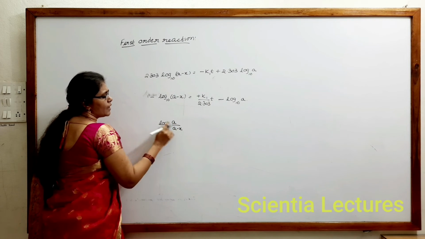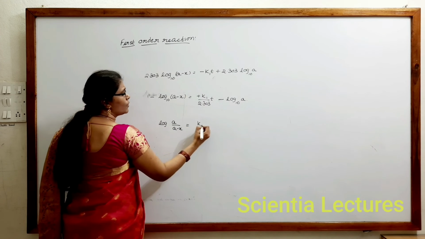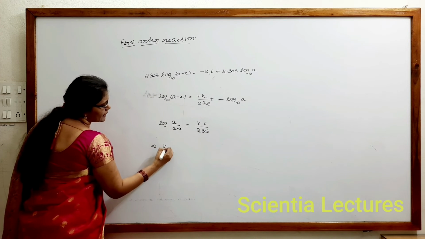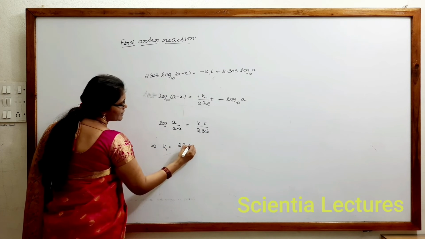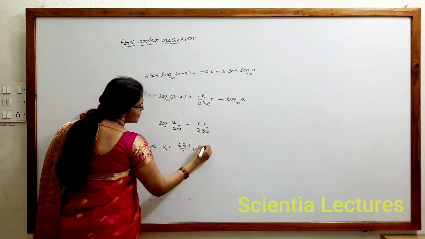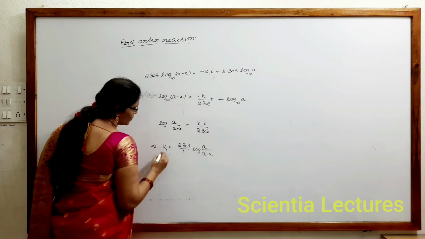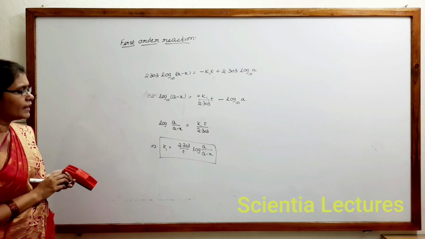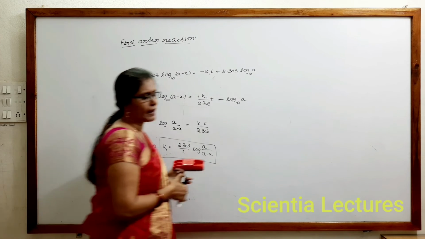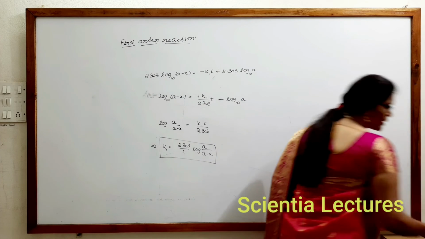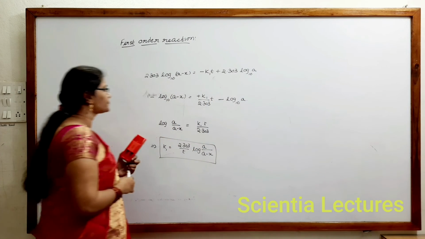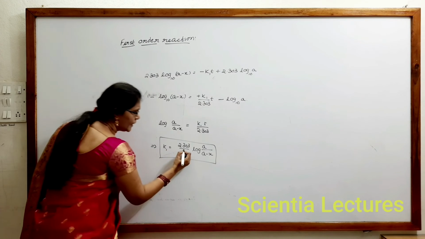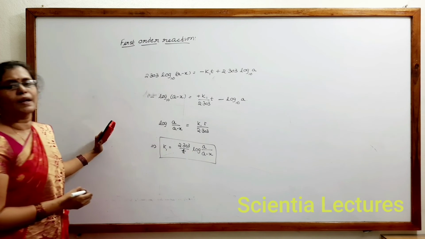So you can write it as log of a by (a minus x) equal to k1t by 2.303, which implies k1 is equal to 2.303 by t log of initial concentration by remaining concentration. k1 equal to 2.303 by t log of a by (a minus x). So from that equation itself we have derived this.